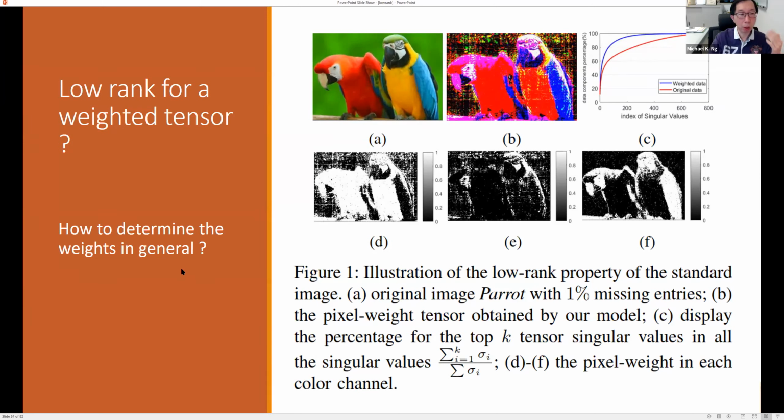But you still need to determine the weight properly, such that the low rank structure is more significant. So this is still an interesting problem, but we use this weighting idea instead of the original data. Based on the data, can we adaptively create a weight such that the weighted tensor has a low rank structure? So this is one way, through the modeling, through the optimization, to see how to get a much better low dimensional structure.